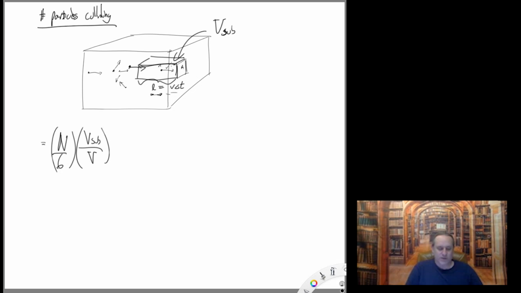Any questions? Right, so what is my subvolume? It's just the area times the length of that box. And that would be area times the velocity times delta t.